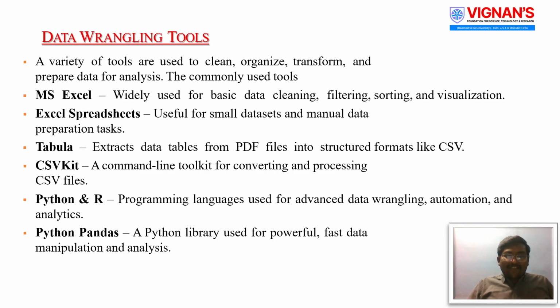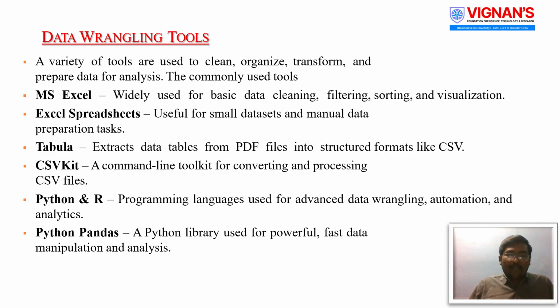Let us conclude with an overview of data wrangling tools. A wide variety of tools are used to clean, organize, transform, and prepare data for analysis. The choice of tool often depends on the size of the dataset and the complexity of the task.